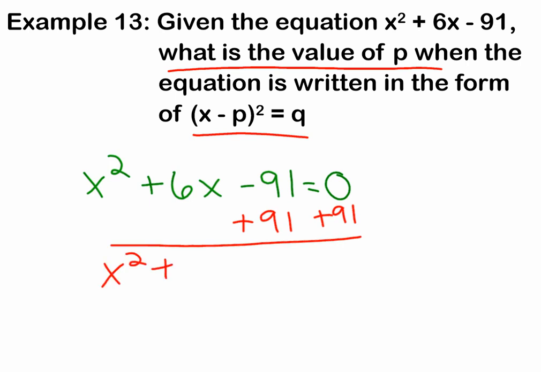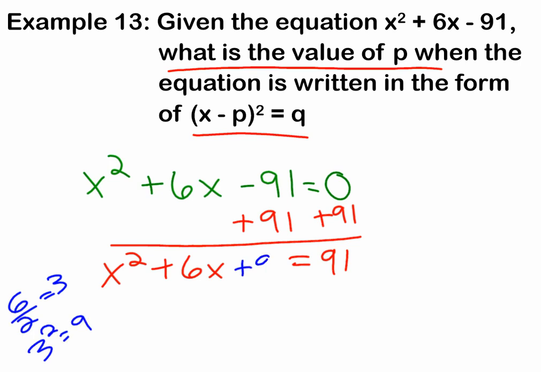X squared plus 6x equals 91. Then we're going to go ahead and divide 6 by 2 to get 3. Square 3 to get 9. Add it to both sides. We are then going to complete the square on the left side to get (x plus 3) squared equals 100.